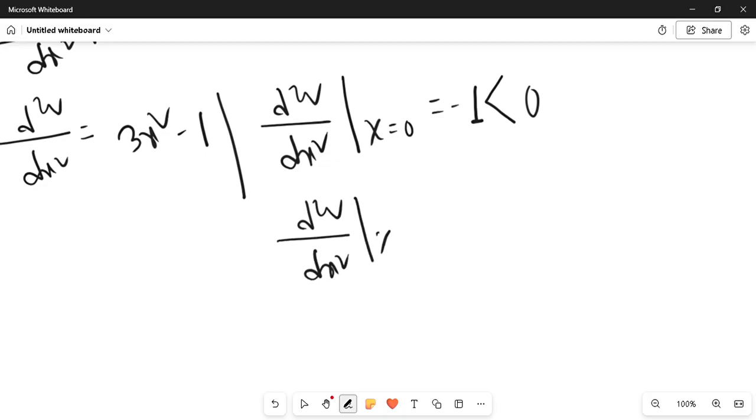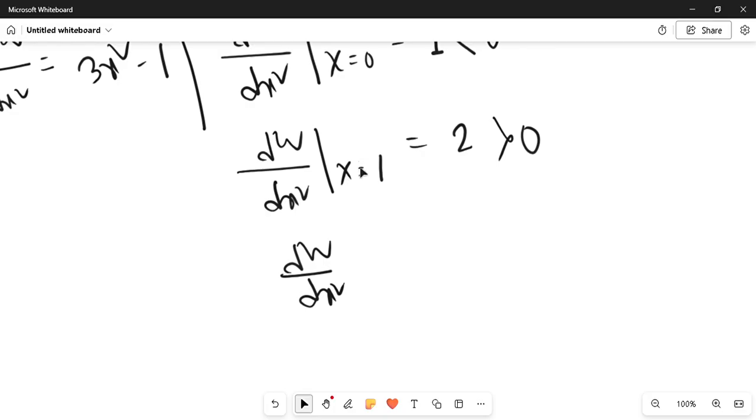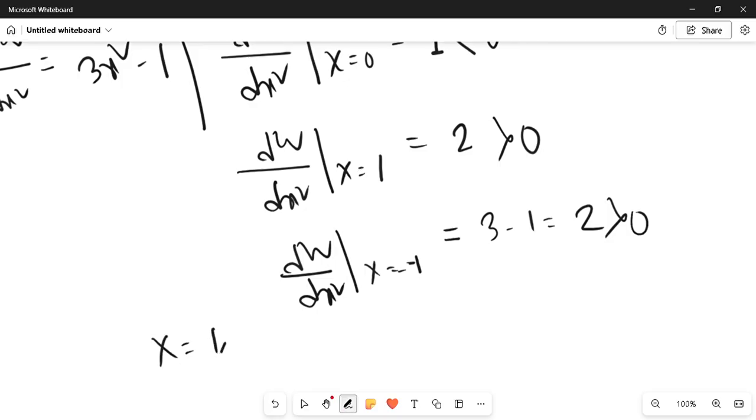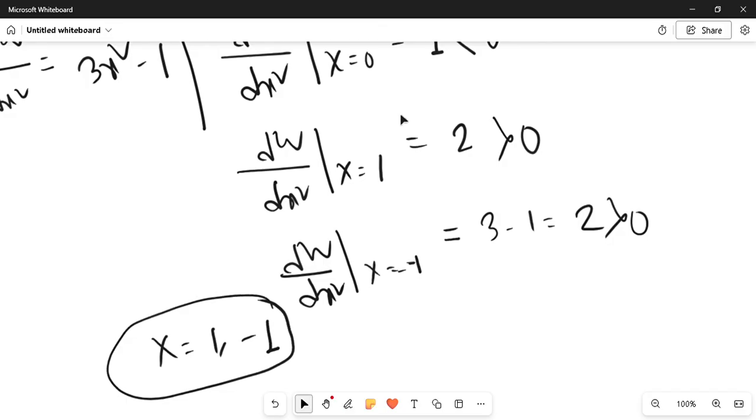At x equal to 1, 3 into 1 minus 1 is 2, greater than 0. At x equal to minus 1, again 3 minus 1 is 2. So x equal to plus 1 and minus 1 are the two stable equilibrium points.